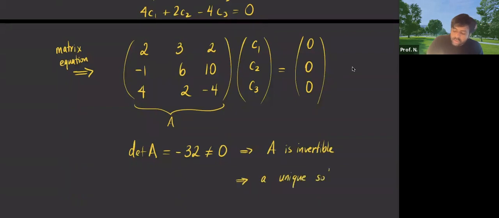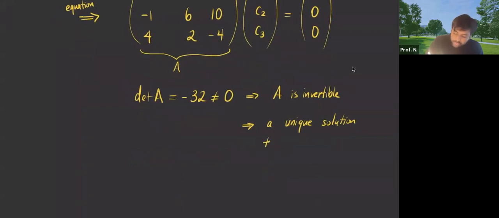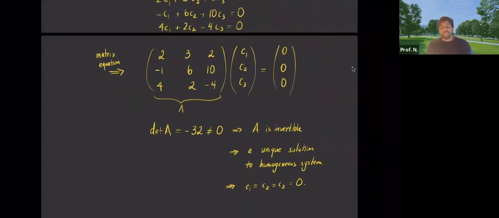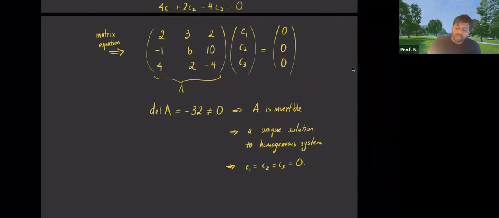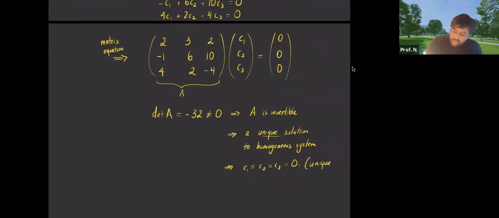If there's a unique solution in a homogeneous system, that means the only solution is if C1, C2, C3 all equal 0. If that is the only solution to this homogeneous system, then what do we say?